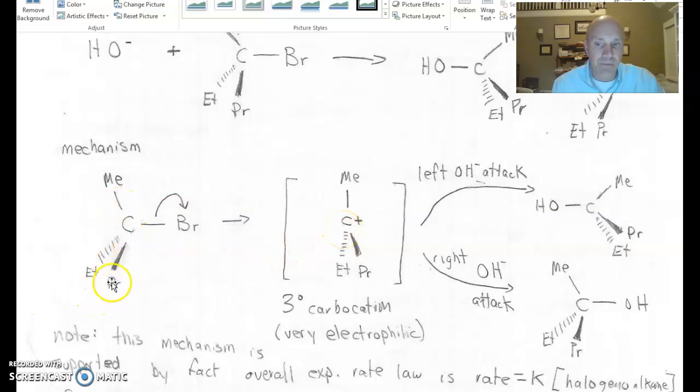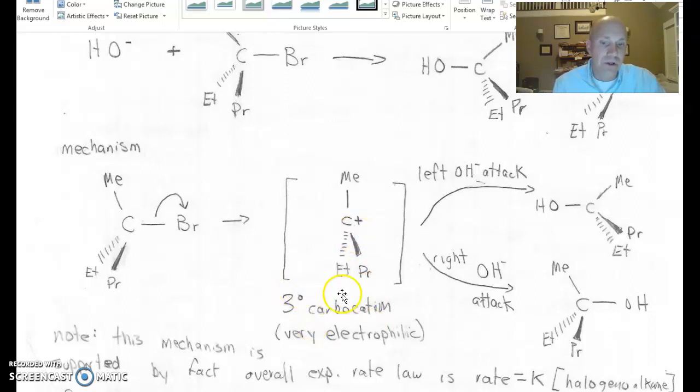So, for example, if both of these were hydrogens instead of the groups that they are, the species that got made would only be a primary carbocation, and those are not stable. If these two things were hydrogens instead of alkyl groups, this would not exist, because primary carbocations are not very stable.